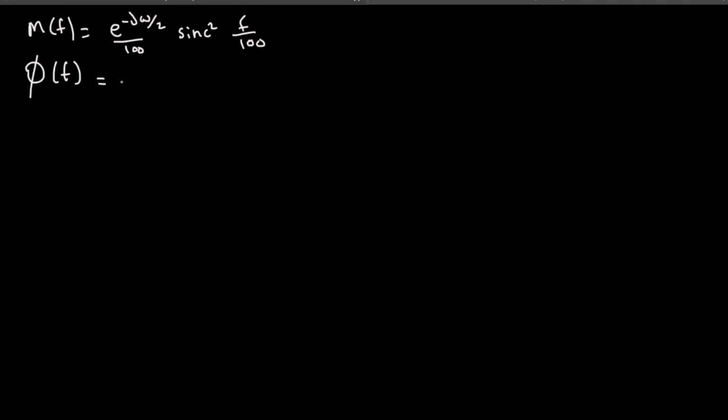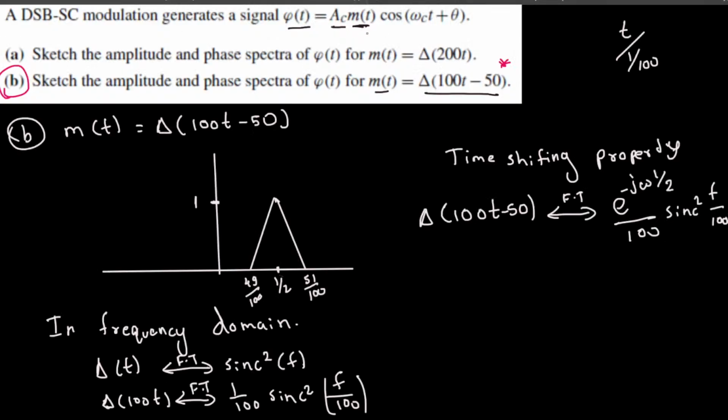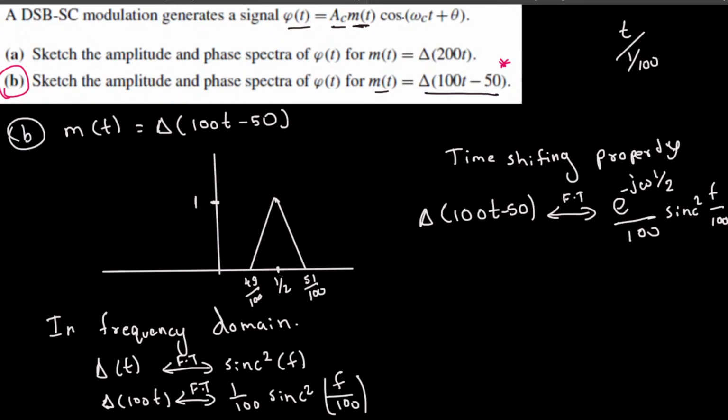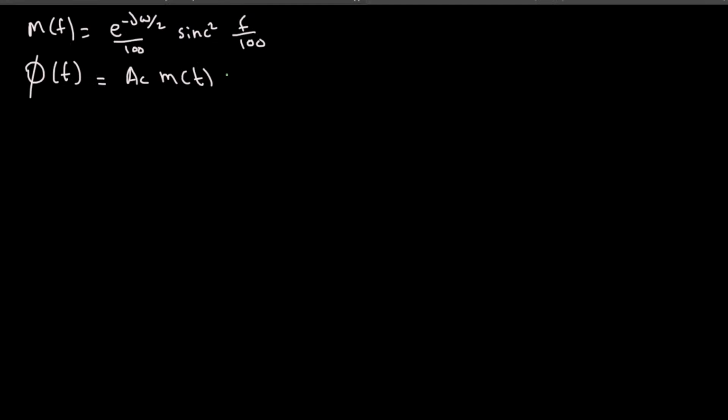Now the given signal for us is A_C m of t cos omega_c t plus theta. So this is the given signal. Here we can do one thing: we can rewrite the cos term and express it using Euler's identity.